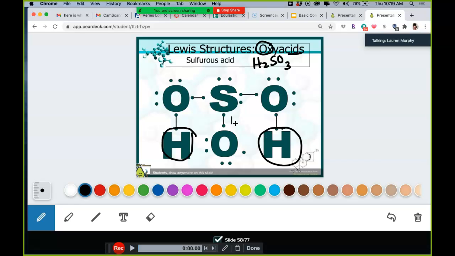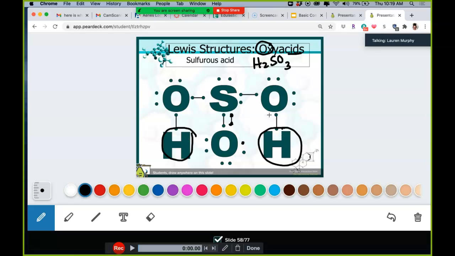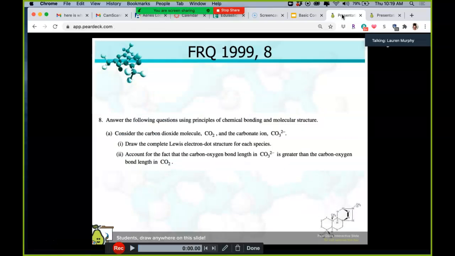So I need you to just know that. This looks like it's missing some dots. Okay, the acidic hydrogens are always attached to the oxygens. So you just need to know that, which will help us now answer these other two questions.